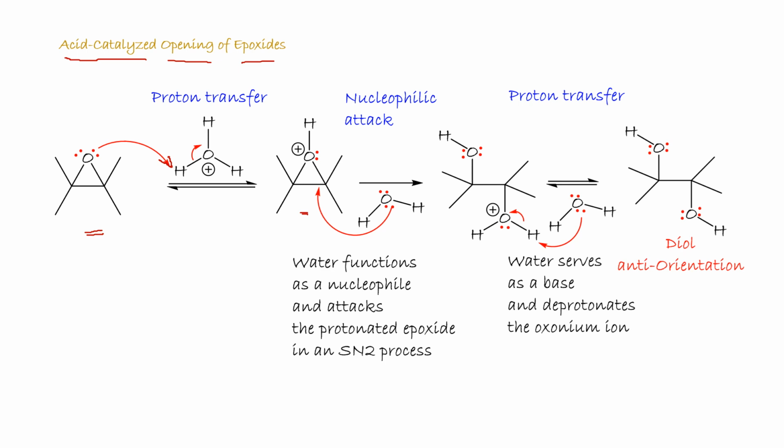A water molecule will come and attack on this carbon and open the oxirane ring, followed by proton transfer. So water in here will act as a base and deprotonate the molecule to form a diol, and as you can see, OH up, OH down, it's anti-orientation. Okay?